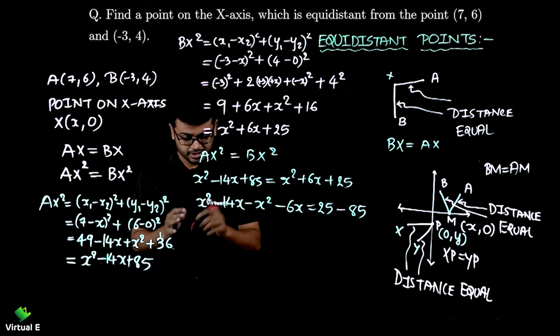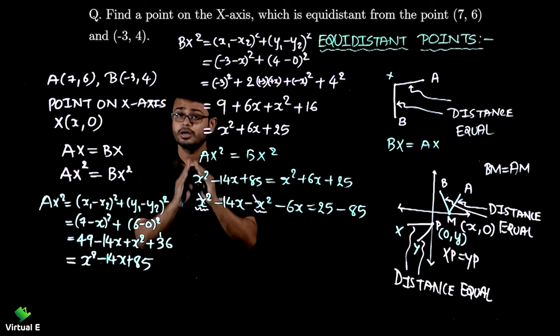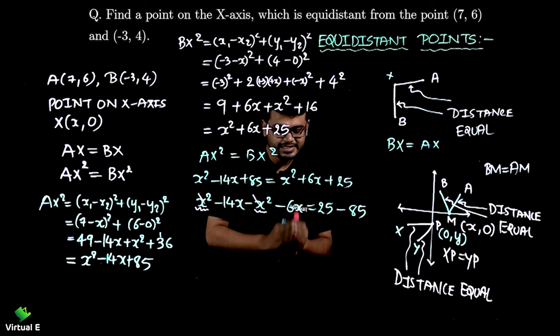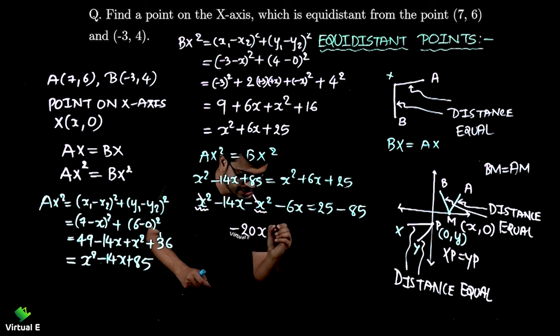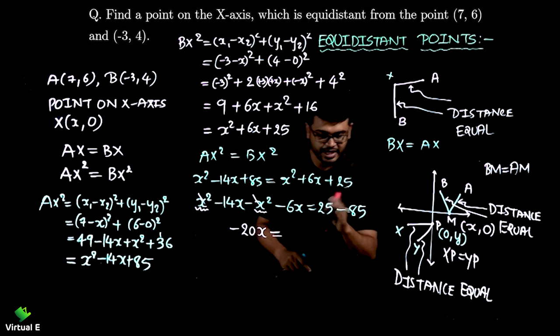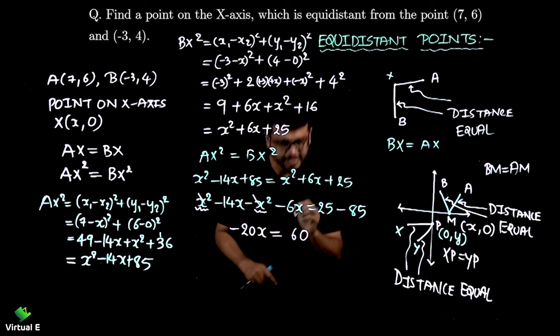Now see over here, this plus x square and this minus x square will get cancelled. So the x square term is gone. Now what's left? Minus 14x minus 6x, that will combine and make what? Minus 20x is equal to 25 minus 85, 5 and 5 will be 0, 8 minus 2 will be 6. Negative or positive?